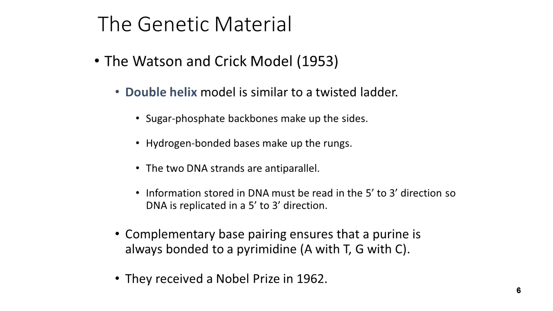Okay, so complementary base pairing ensures that one purine is always bonded to one pyrimidine, meaning A goes with T, G goes with C. And it was this knowledge that won them the Nobel Prize in 1962. And that is why we always hear about Watson and Crick.